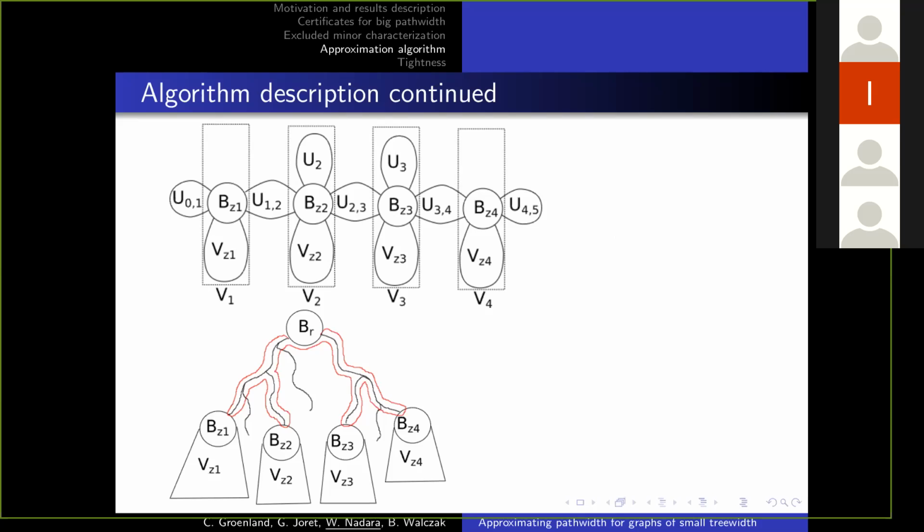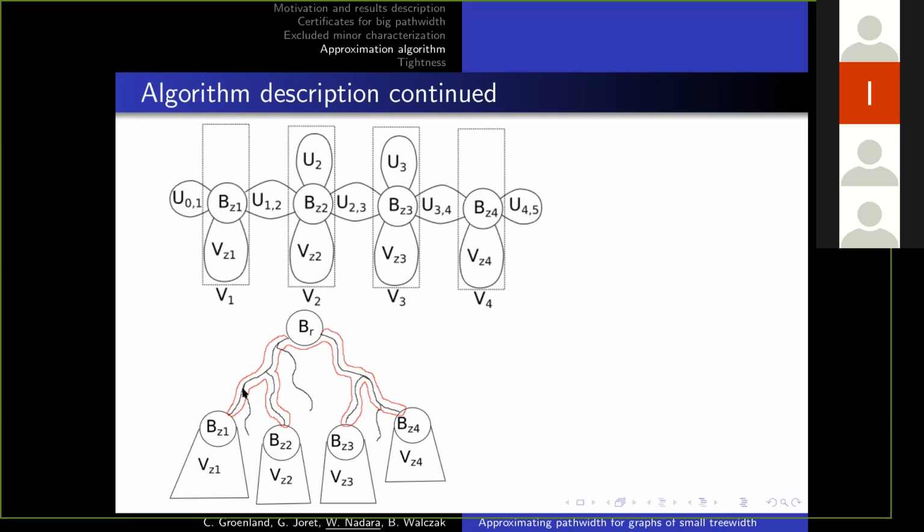we want to find a sequence of sets, a sequence of bags. And in order to do that, we'll traverse our tree along this red path. So we start from the root bag.